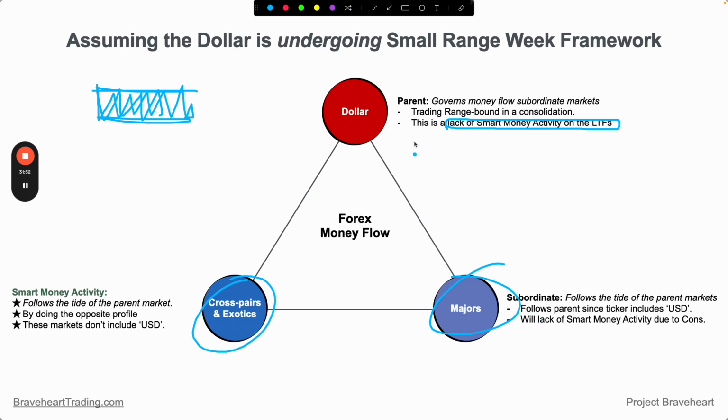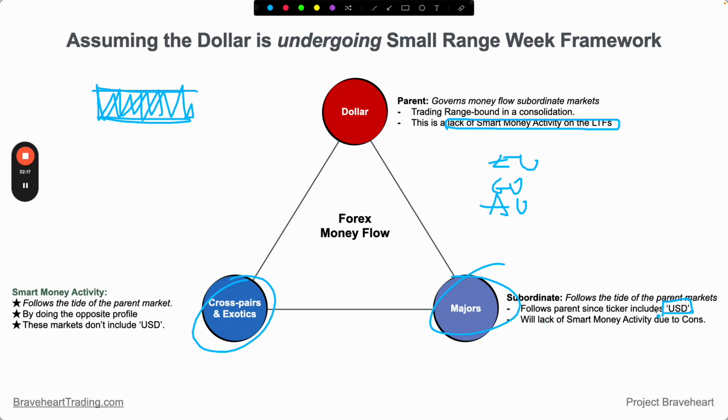Well, the subordinate will follow the parent here, mostly because it's connected, but also since there's a dollar included in the majors. So it would be like EU, GU, AU, right? You can see there's US dollar inside it.